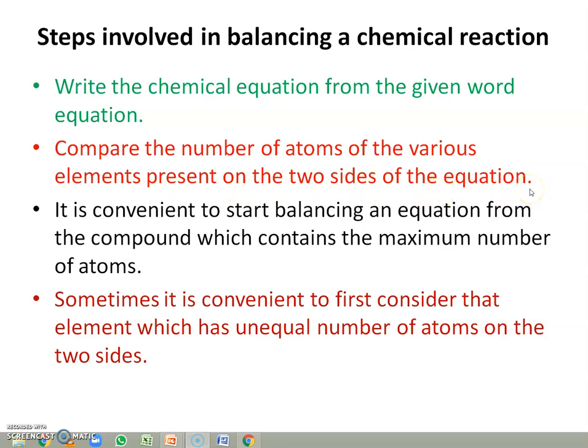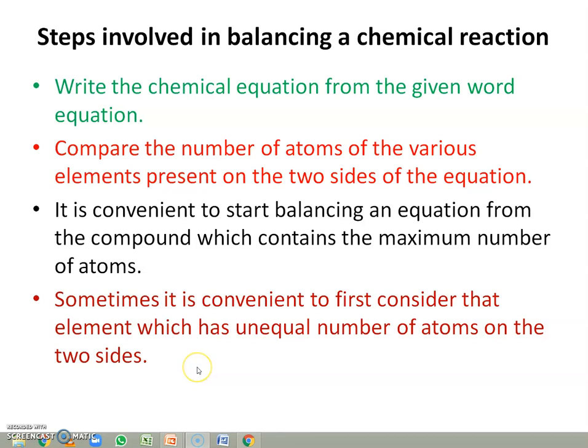This means we have to compare the number of atoms on the reactant side and the number of atoms on the product side. Point number 3. It is convenient to start balancing an equation from the compound which contains the maximum number of atoms.